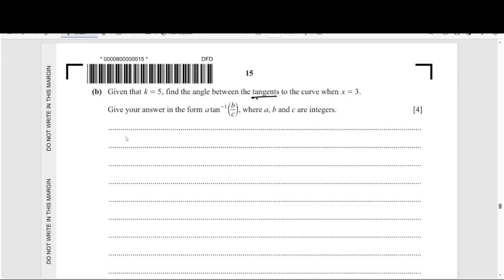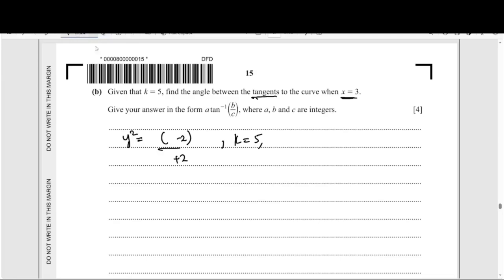We have y squared is equal to k times x minus 2 times x plus 2 over something, and now that we've been given that k is equal to 5 and x equal to 3, I think I should replace the k here by 5 and the x by 3, so that you don't need to write plenty.